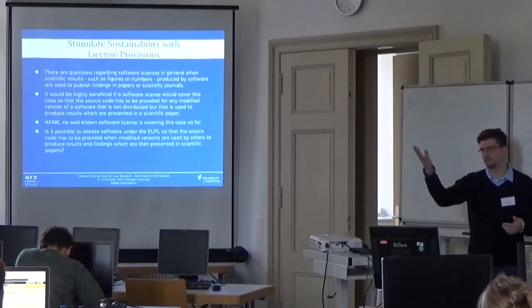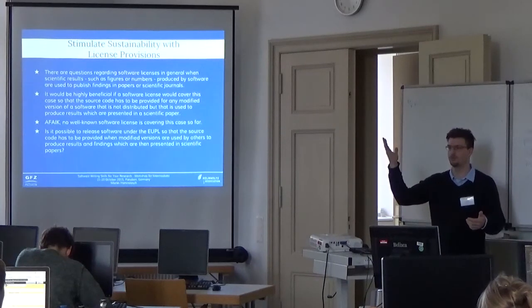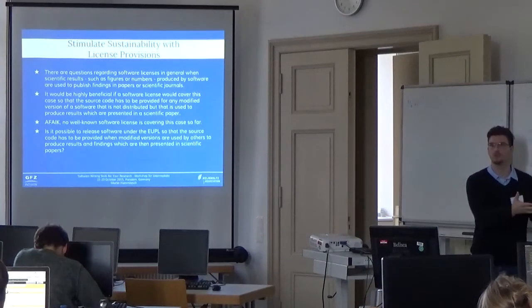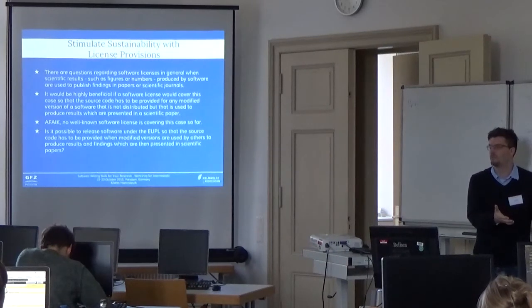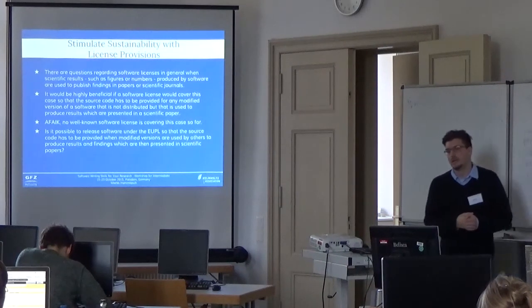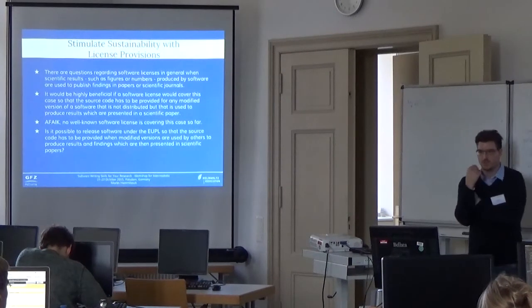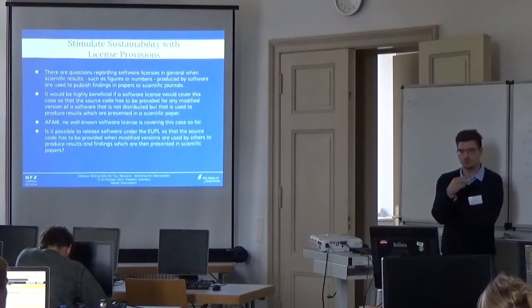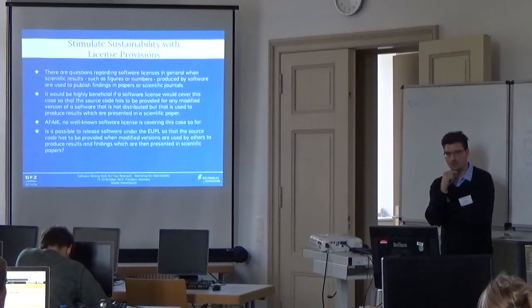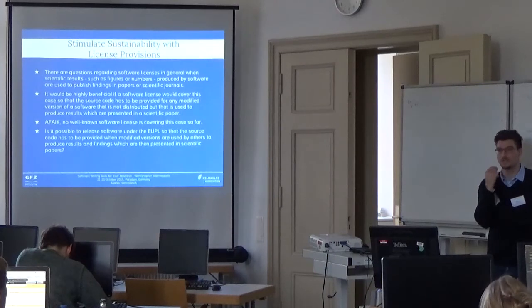So that means there's a paper out there which I can't reproduce, and I can even ask the author, please show me your software, and the author can say, no, I'm not doing that. And you can use this license provision. For example, it would be beneficial if a software license would cover this case, so that the source code has to be provided for any modified version of the software that is not distributed.